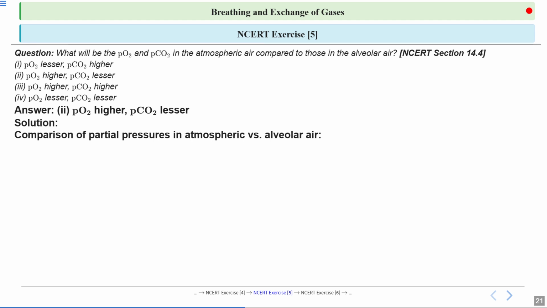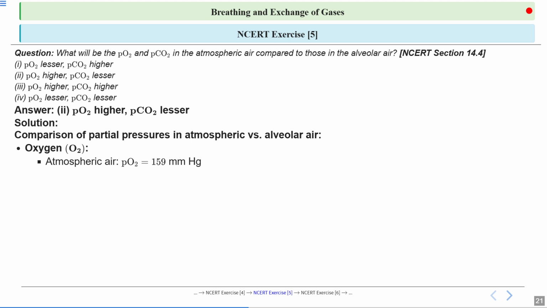So this is a comparison of the partial pressure in the atmosphere versus alveolar air. What is the partial pressure in the atmosphere and what is it in alveolar air? Let us first talk about oxygen. What is the partial pressure of oxygen in the atmospheric air? It is around 159 mmHg.